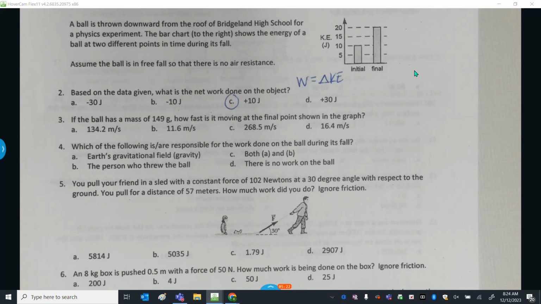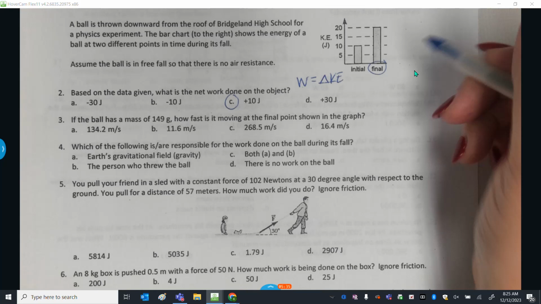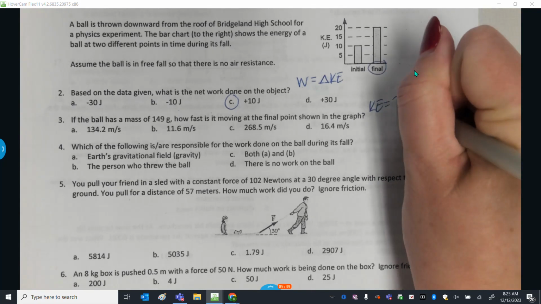Number 3 says, if the ball has a mass of 149 grams, how fast is it moving at the final point shown in the graph? Okay, and so it's asking about this final position. I can see the kinetic energy at the end is 20.